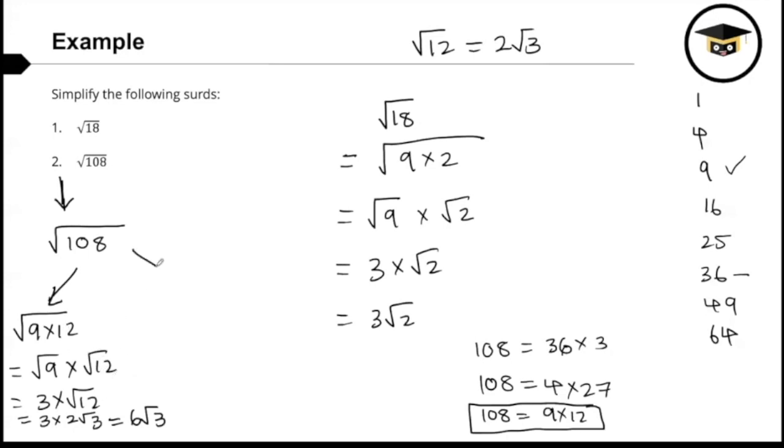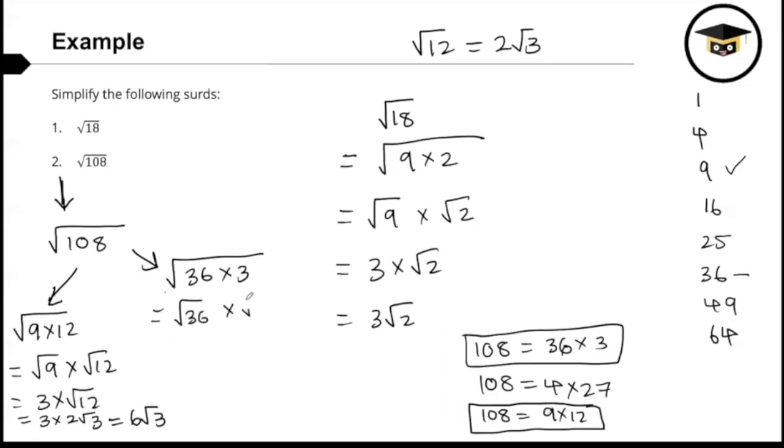Whereas if we chose our biggest square number that went into 108, which was this option here, let's see what we get. So root 108 is equal to root 36 times 3, which is equal to root 36 times root 3.